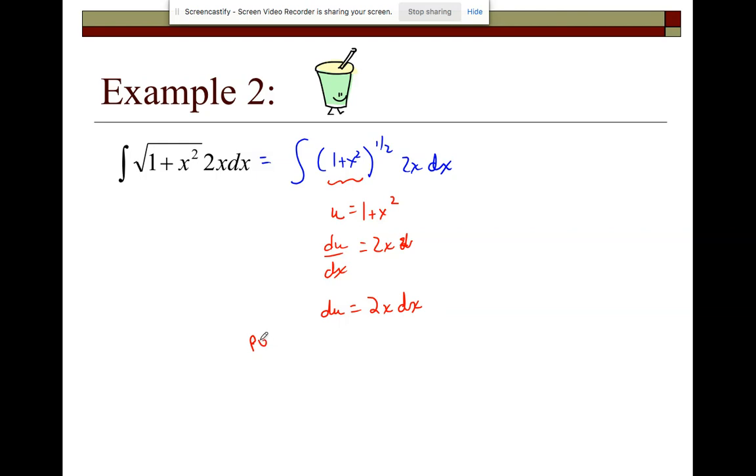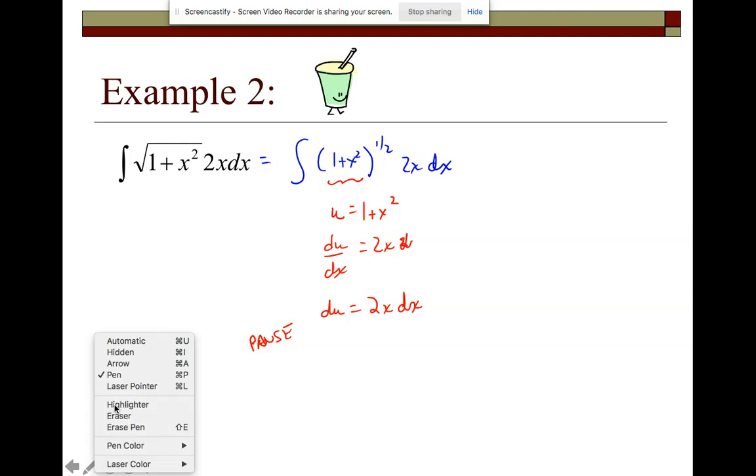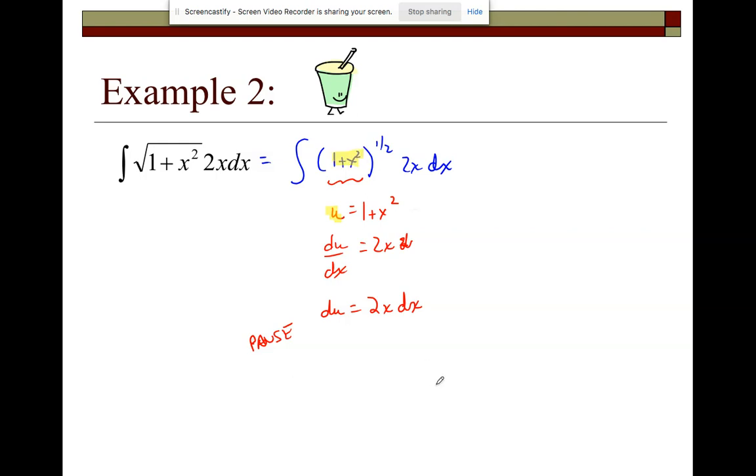Pause and get out your highlighter. Find u and color it. Find du, 2x dx, color it.